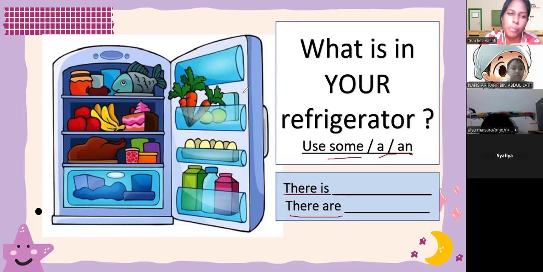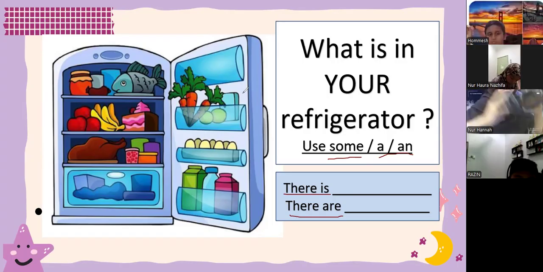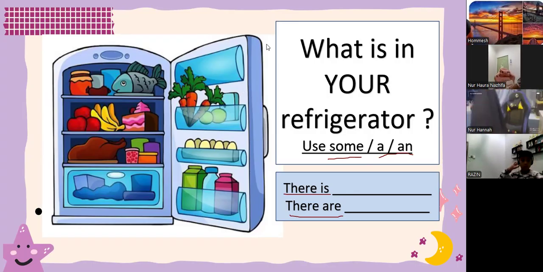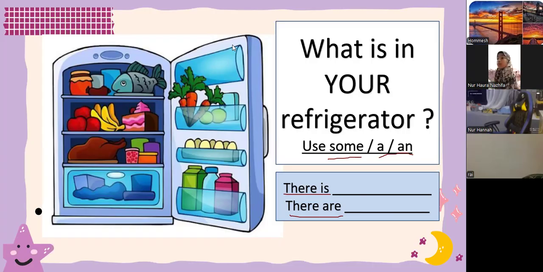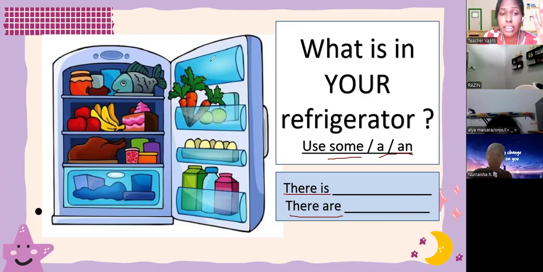If you can't show, never mind, you just write for me. Don't just sit. Go and see what is in your refrigerator and tell me. You got to use the word some, a or an.